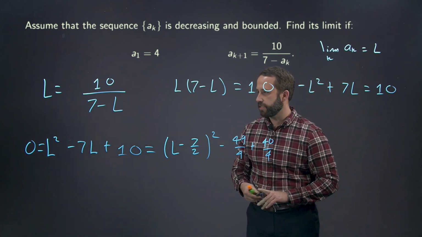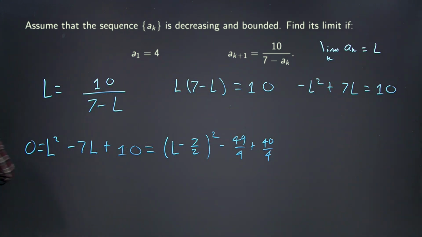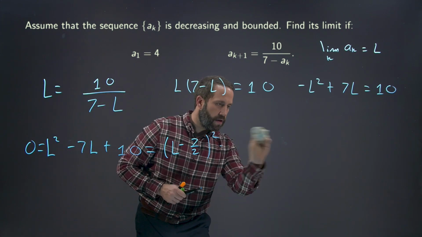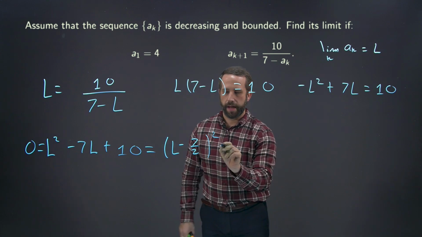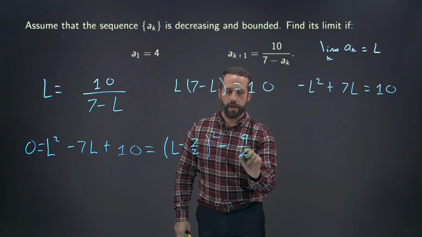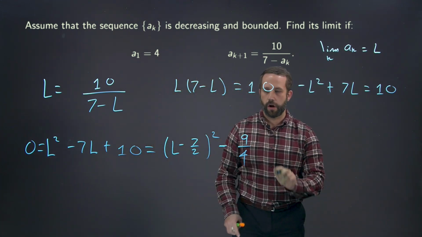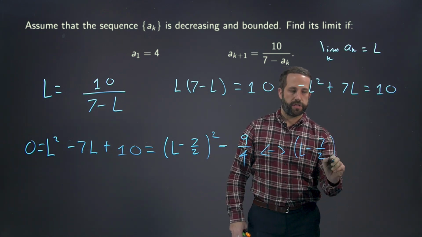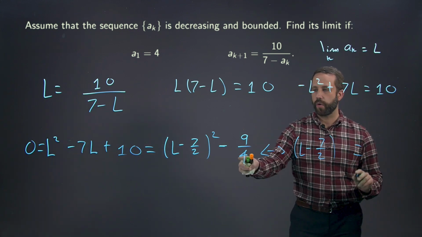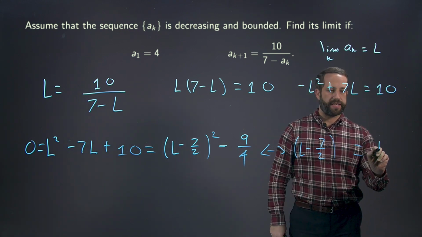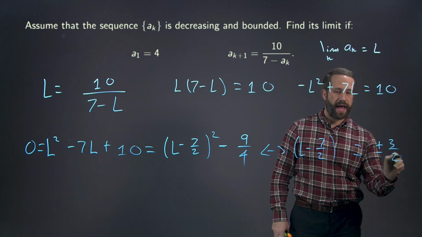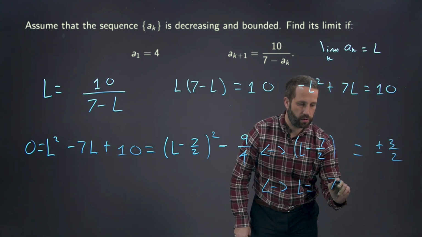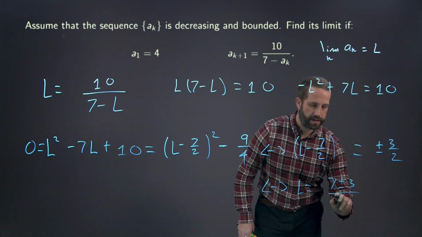So this now is minus 9 over 4, and I have it set equal to 0 over here. So this tells me L minus 7 halves squared is equal to 9 over 4. But when I take the square root, I'll get plus or minus 3 halves. Or this tells me L is equal to 7 plus or minus 3 over 2.